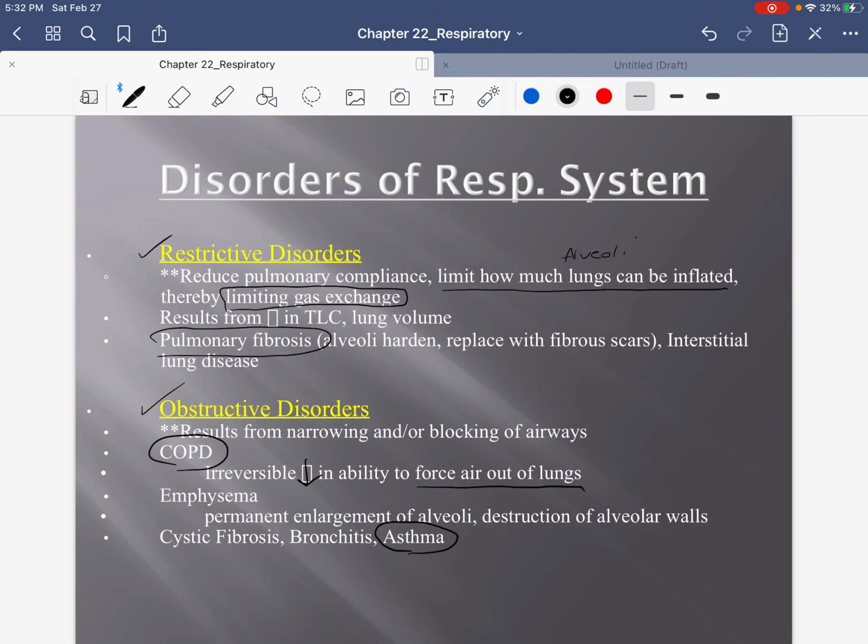They should be able to fill with air and then recoil. Well, in pulmonary fibrosis, the alveolar membranes become fibrotic, hard, crusty, no longer compliant. And if we can't move the alveolar membranes in and out, if we replace a nice smooth alveolar surface with hardened scars, well, you can't exchange gases.